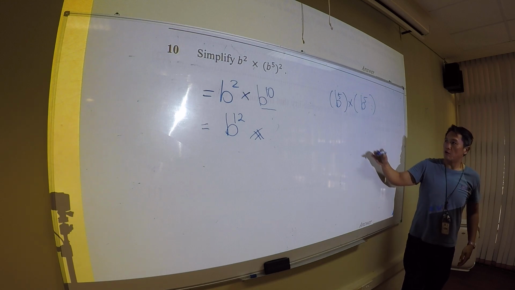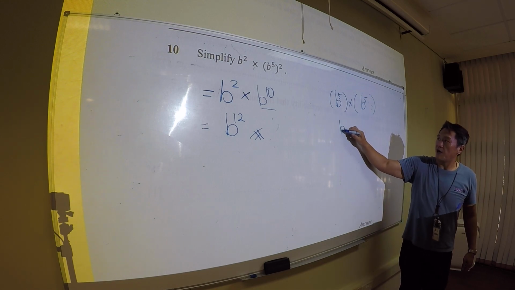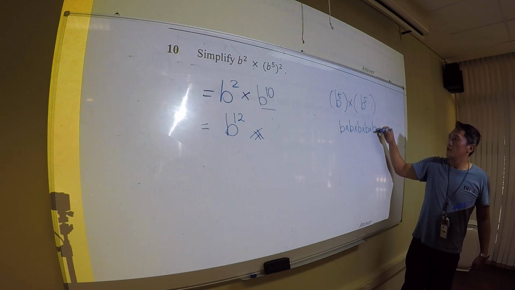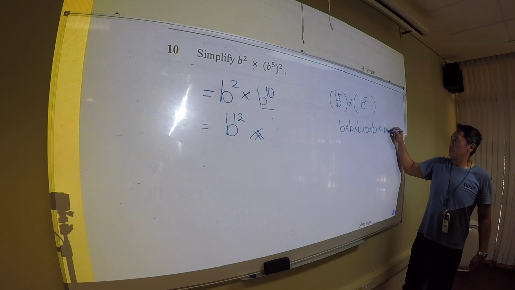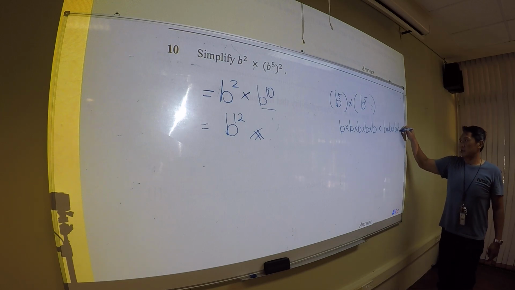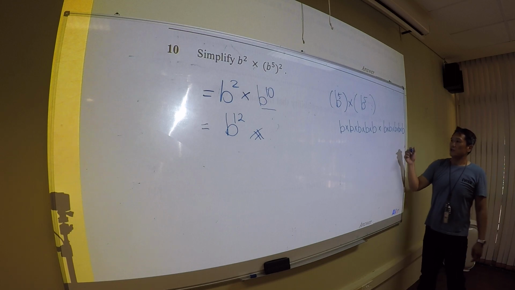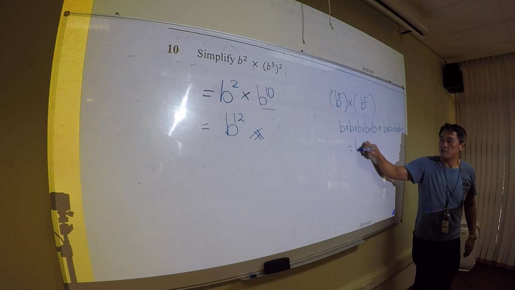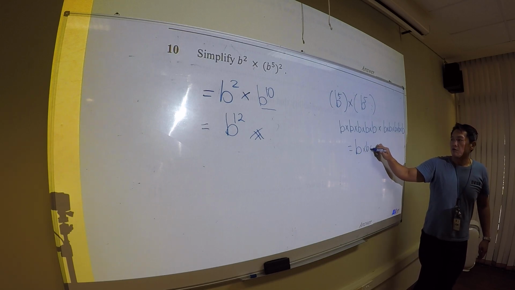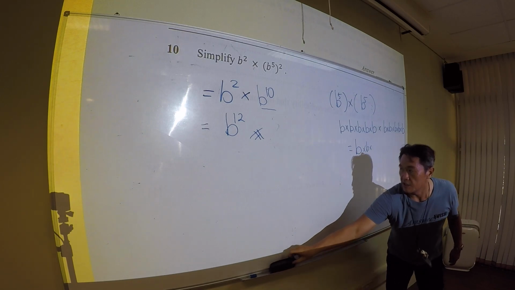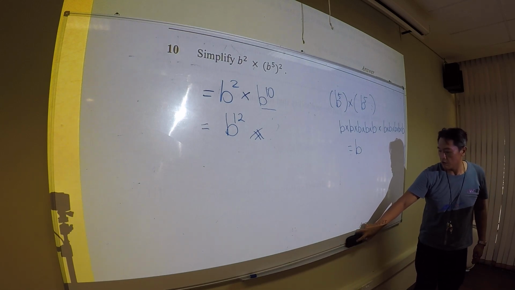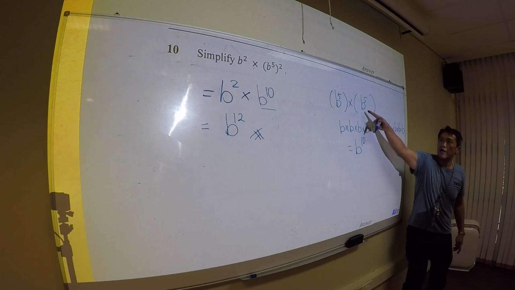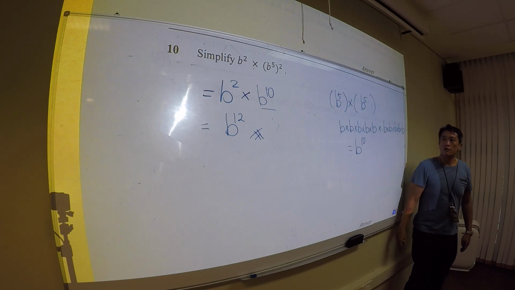Or if you go to even more basic, b5 is b times b times b times b times b, multiplied by another b times b times b times b times b. Then if you count 1, 2, 3, 4, 5, 6, 7, 8, 9, 10, it equals b multiplied by itself 10 times, and the easier way to write it will be b10.